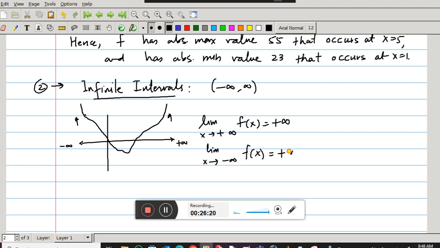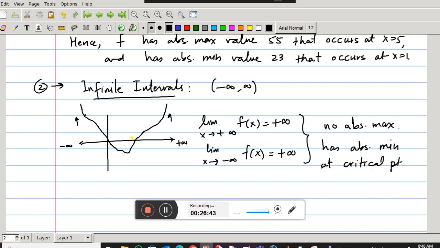So if your limits are both plus infinity, it means no absolute maxima there, right? But it has an absolute minimum, and that will occur at a critical point.